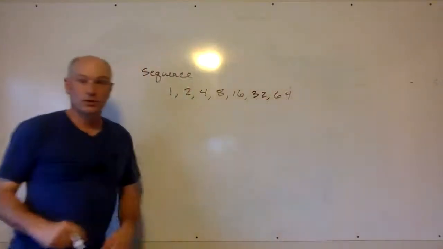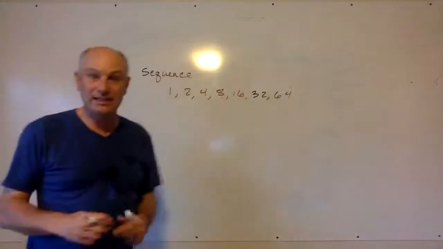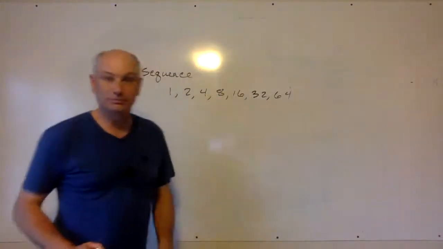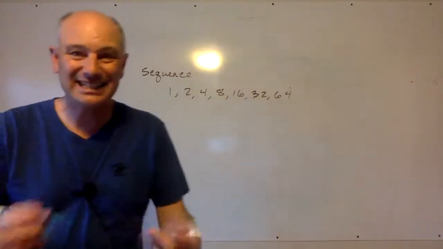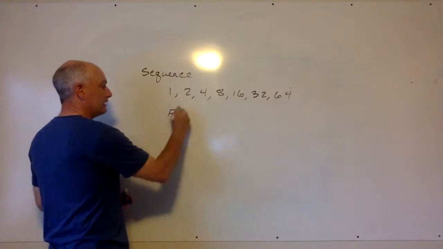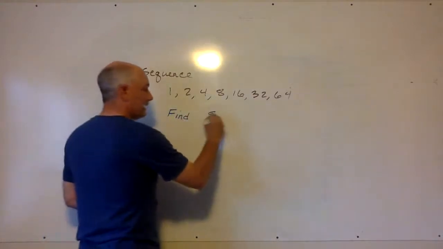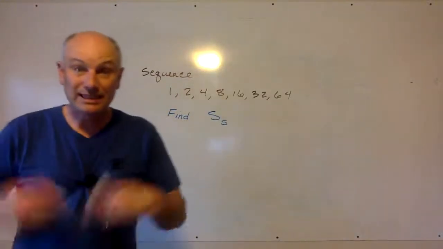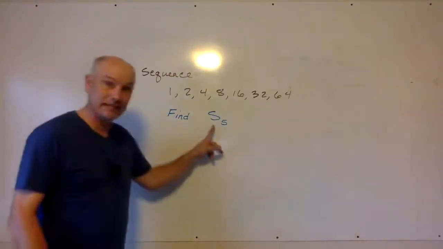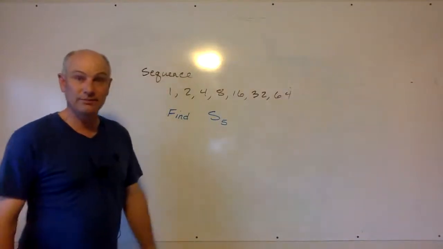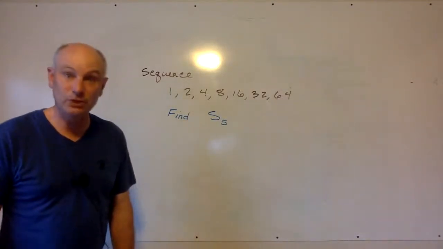So this is a sequence that obviously has a first term and a last term. But what they're going to ask us to do on something like this is to say find S sub 5. Now what the S refers to is a sum. The 5 represents the first 5 terms.